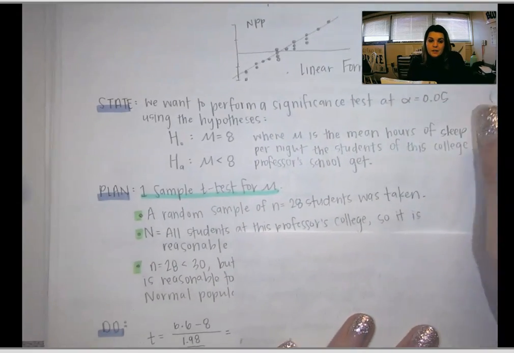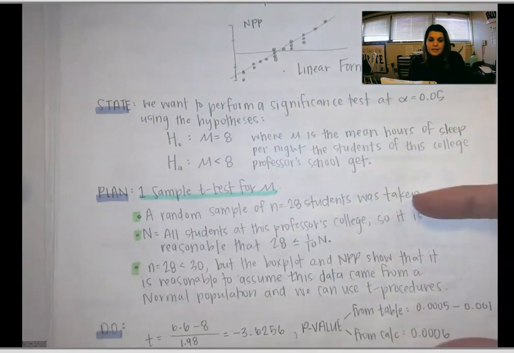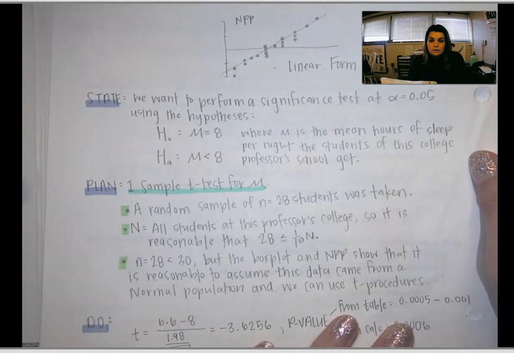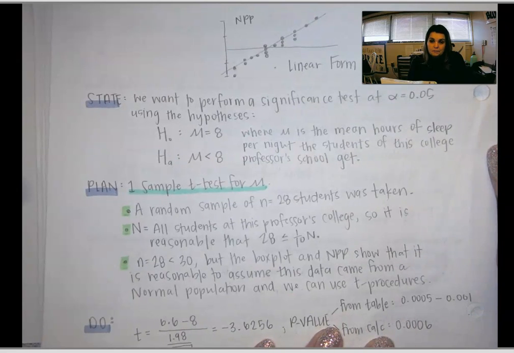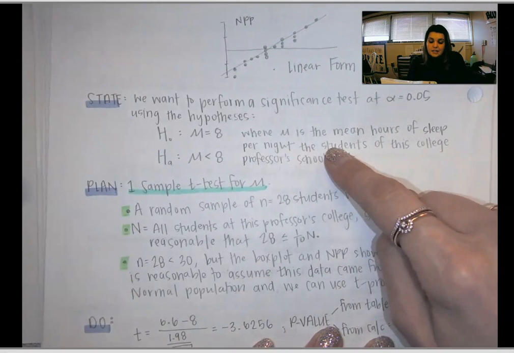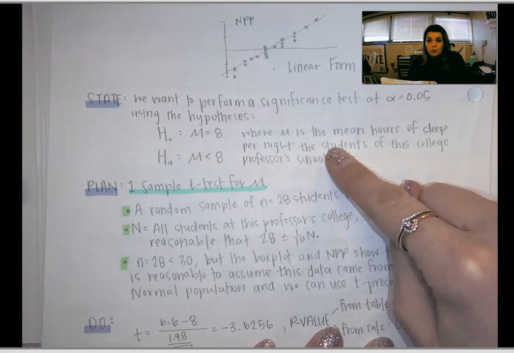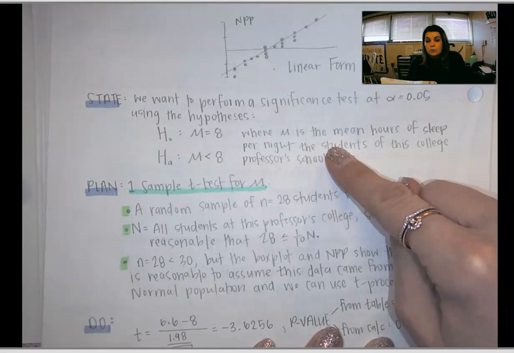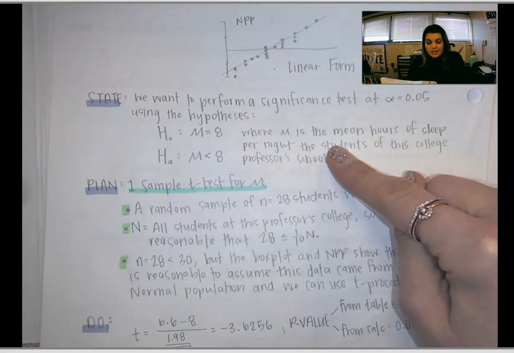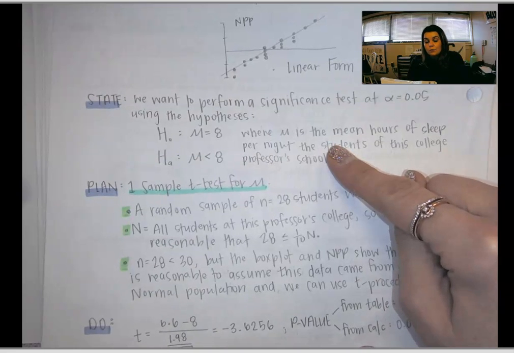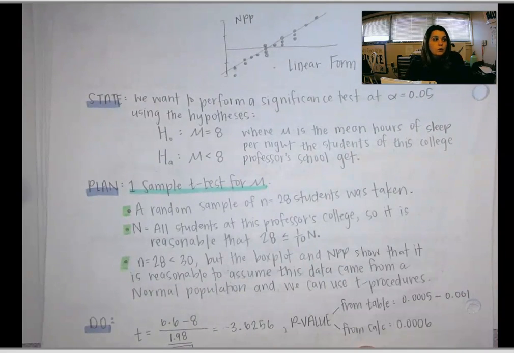So that all being said, here is my state and my plan. This defining the variable was very difficult for me. I erased several times trying to get the right wording. So I'm mentioning that for you guys to know.